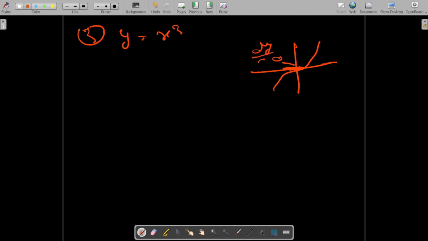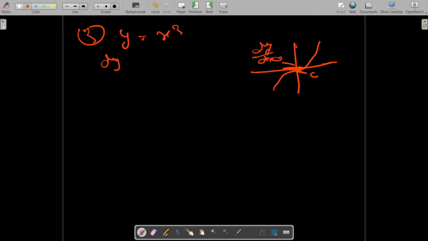Similarly, for the third example, where y equals x cube, let's see here, this one is giving neither a maximum nor minimum. We can check by applying that rule. At this point the slope would be 0. That means dy by dx at this point C would be 0.